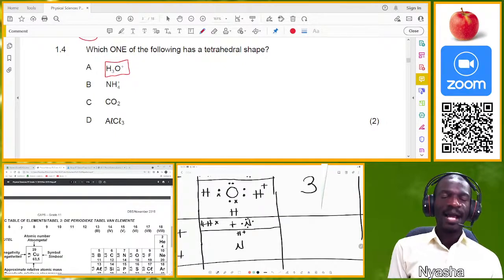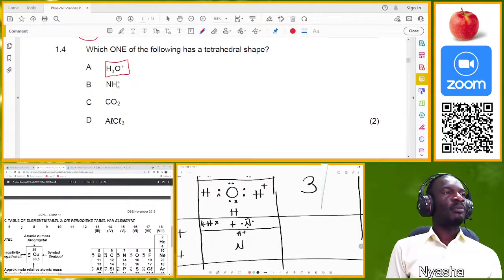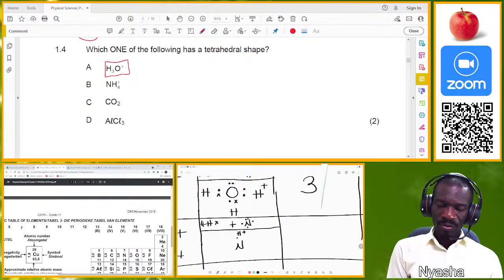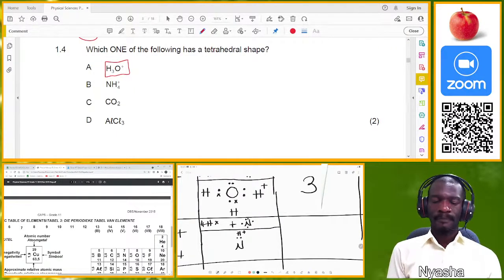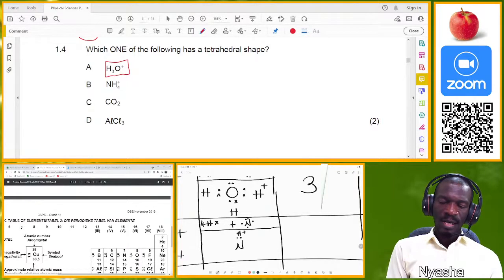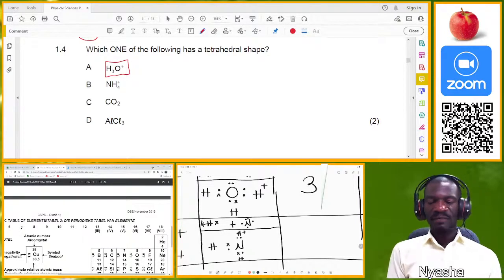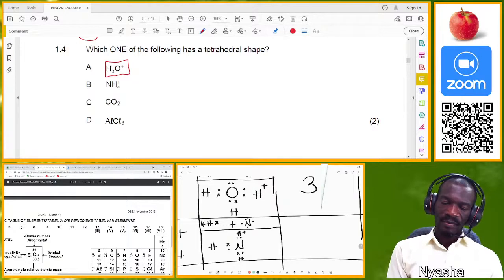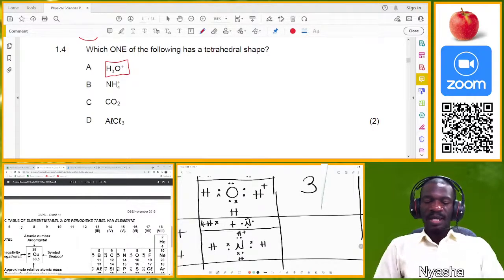I'll make that the ion. It will share a dative pair. Then one of the hydrogens on the left will contribute an electron, and then we have one from the nitrogen. The other hydrogen here will contribute an electron, and we have the other from the nitrogen. The other hydrogen here will contribute an electron, and we'll have the other from the nitrogen.